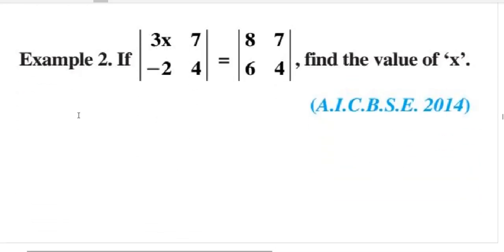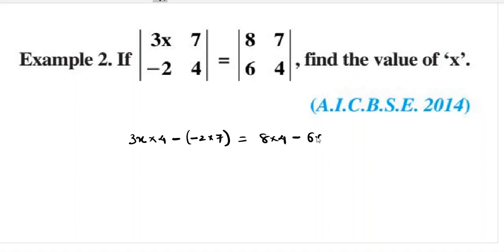Next question. If the determinants of these two are same, find the value of x. So 3x multiplied by 4 minus 2 multiplied by 7 is equal to 8 into 4 minus 6 into 7. 12x minus 14 is equal to 32 minus 42. 12x minus 14 equals minus 10.